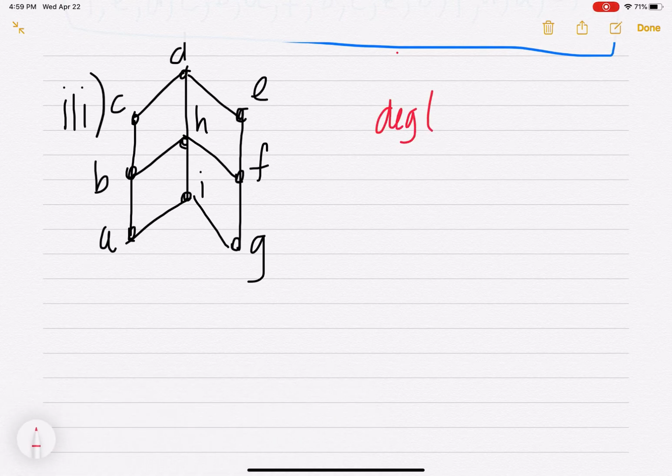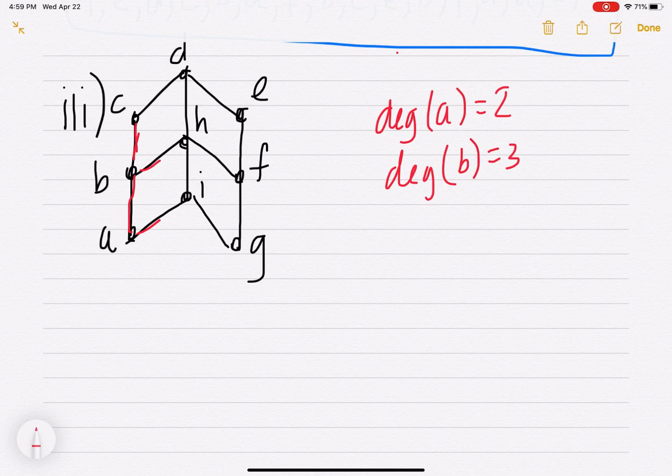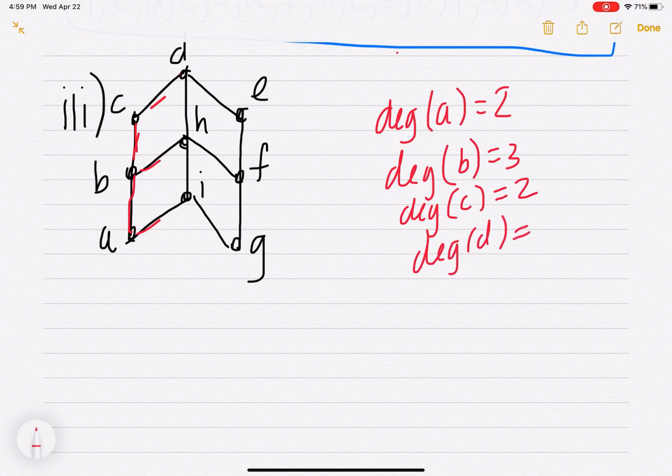Degree of A is 2. Degree of B is 3: 1, 2, 3. C is 2. D, what about D? 1, 2. Degree of E is 2.